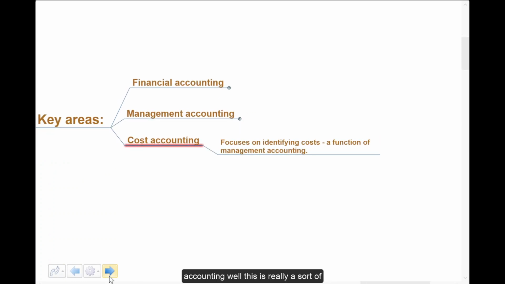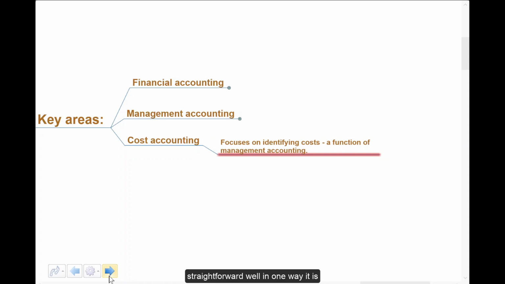What about cost accounting? Well, this is really a subset, if you will, or indeed a function of management accounting. Only one function. Now, it's mentioned here, and we talk about identifying costs. You may think the idea of identifying costs, let's say for product A, is quite straightforward.